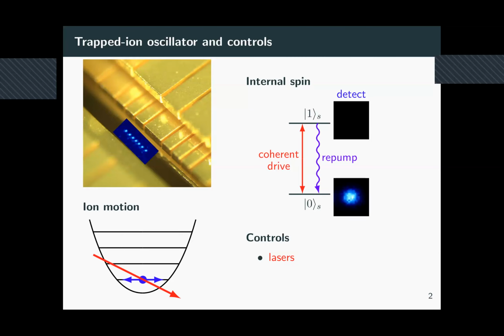And we can detect by fluorescence detection whether the spin is in the 0 or the 1 state. If it's in 0, we get a bright fluorescence with an auxiliary level, and if it's in the 1 state, this is off resonant and the state is dark. The other important element of control that we have in these systems is by tuning the voltages of the electrodes in the trap.